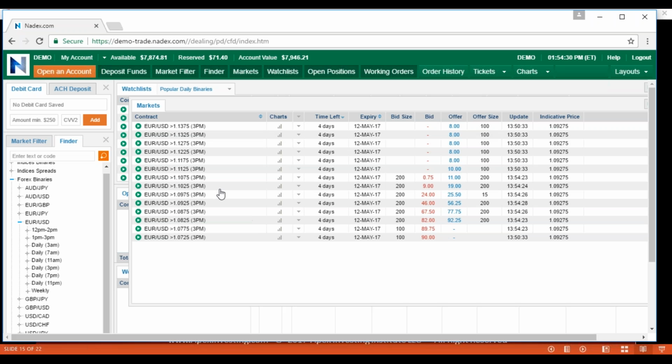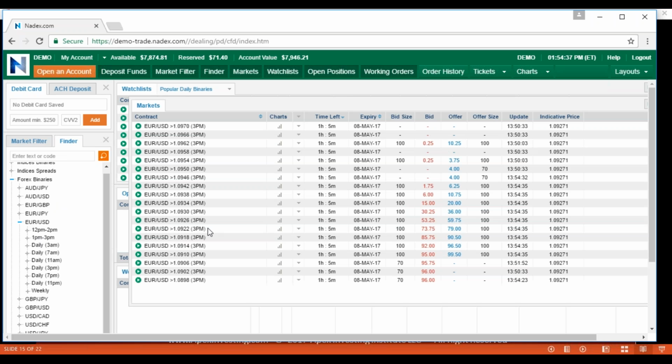So now, when we look at the hourlies, if I was to buy this one for about 20 bucks, for about 18 bucks, and the market moves 1 strike in my favor, I can sell it for 28. I can make about 10 bucks.